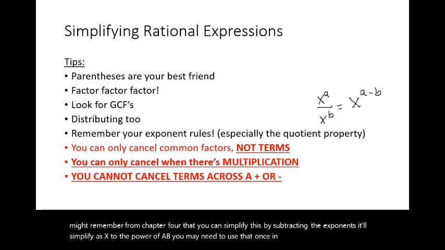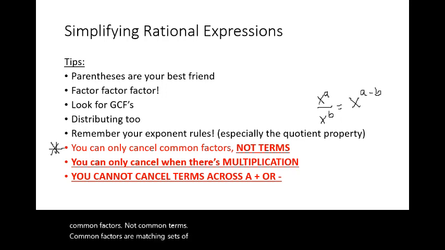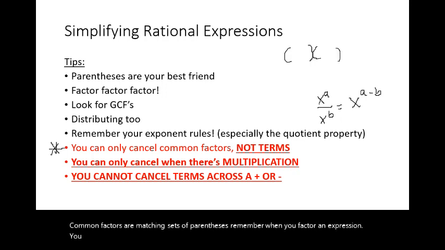Now the thing is that when you're canceling out common factors, you can only cancel out common factors, not common terms. Common factors are matching sets of parentheses. Remember, when you factor an expression, you are writing it as a multiplication. As soon as it's written with multiplication, you are allowed to cancel out common factors.